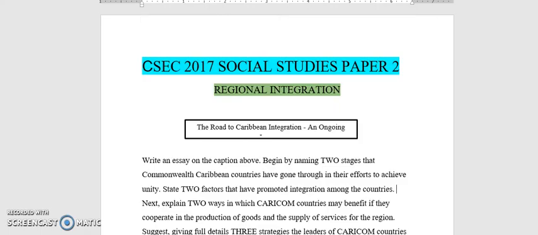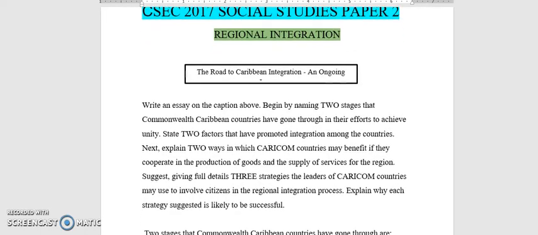Begin by naming 2 stages that Commonwealth Caribbean countries have gone through in their efforts to achieve unity. State 2 factors that have promoted integration among the countries. Next, explain 2 ways in which CARICOM countries may benefit if they cooperate in the production of goods and the supply of services for the region.